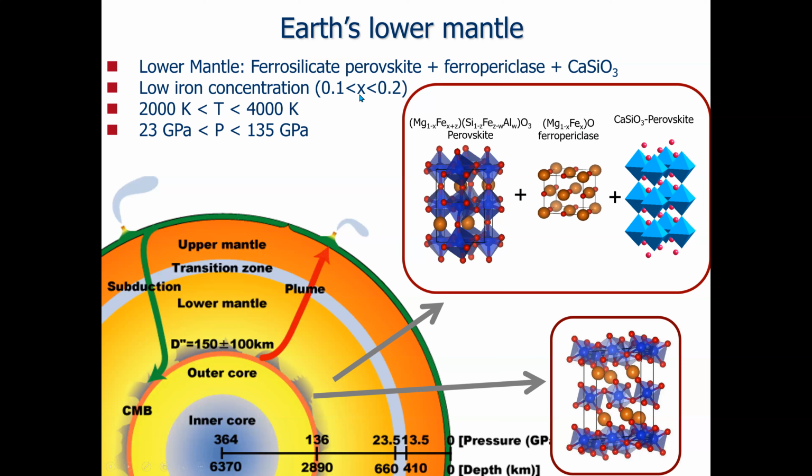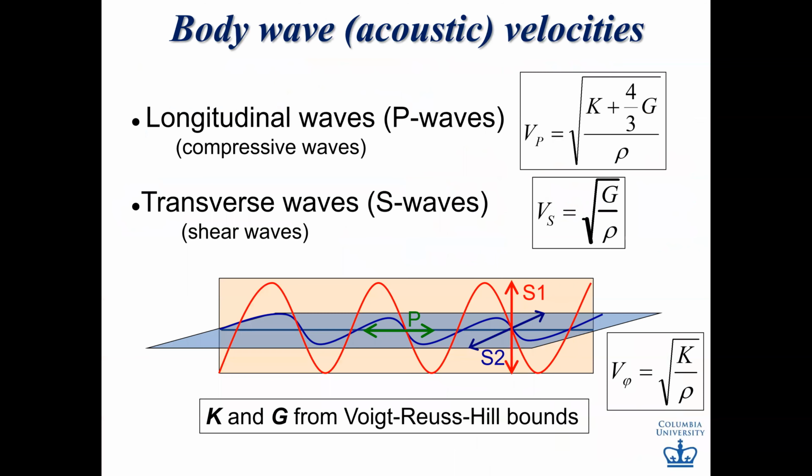Interestingly and importantly, the iron concentration X in bridgmanite is about 10%, and in ferropericlase is probably smaller than 20%. So this is helpful in doing the calculations. At each point in the Earth, we assume that the velocities are isotropic.